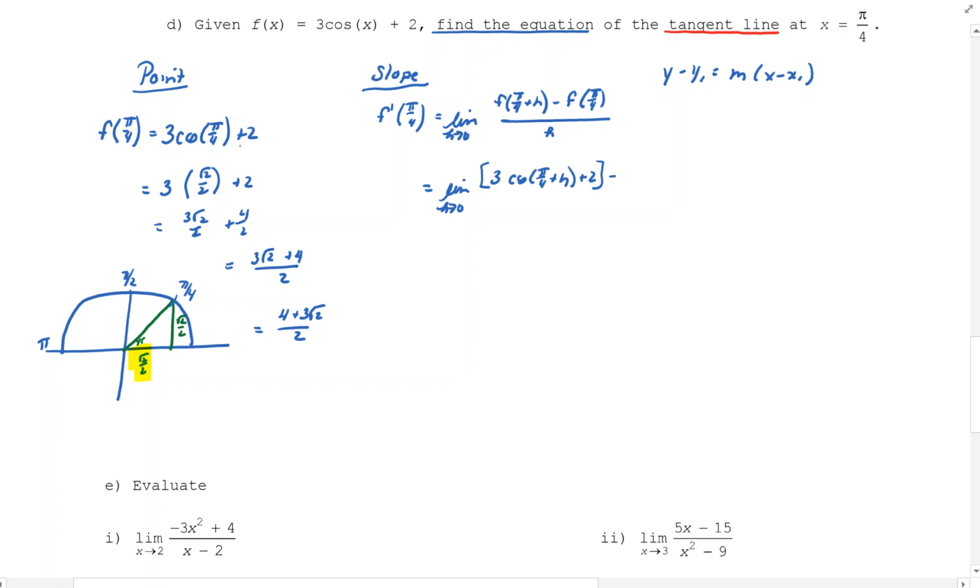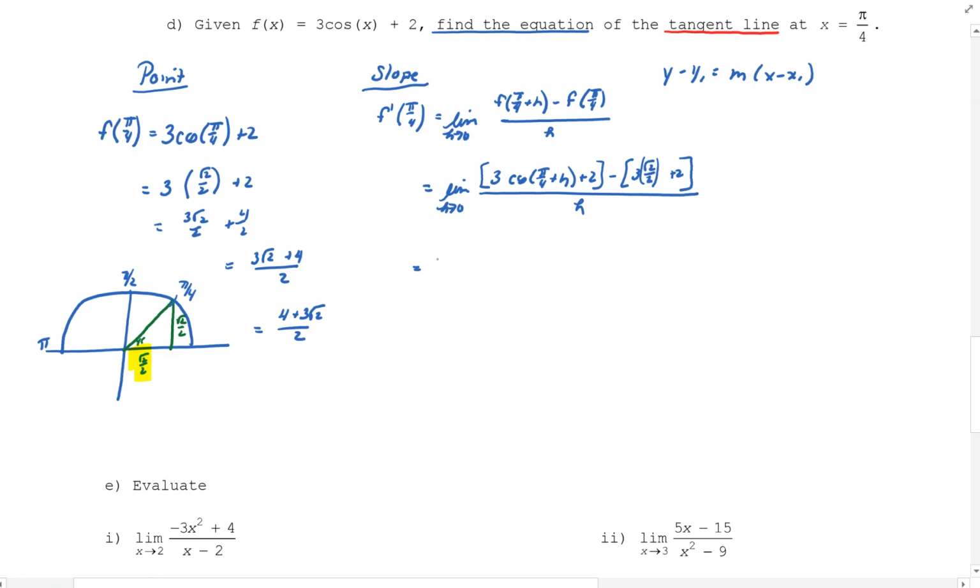So let's put that in here as our, which form will I use? I'll use the easiest one. The 3 square root of 2 over 2 minus 2, plus 2, sorry. All over h.